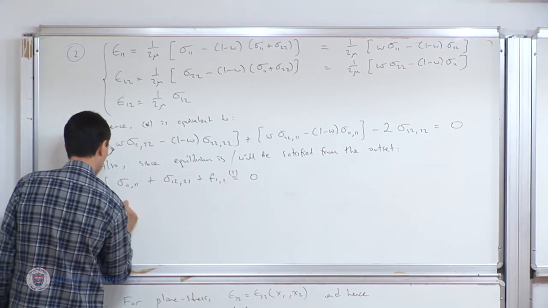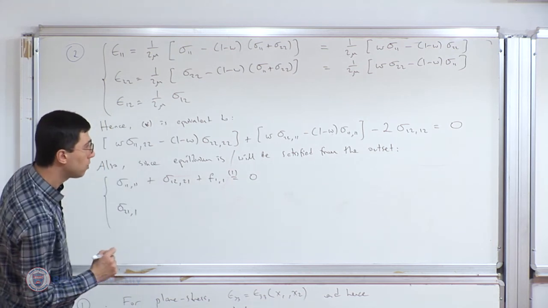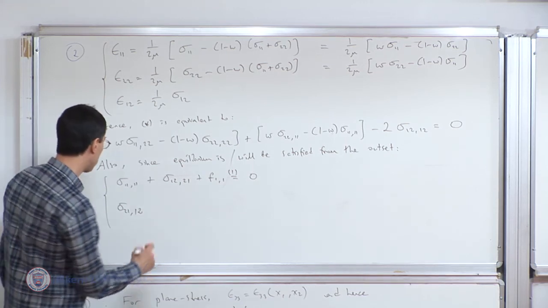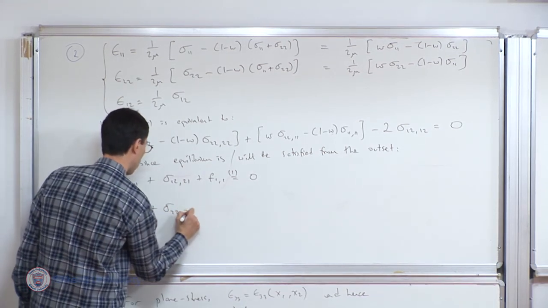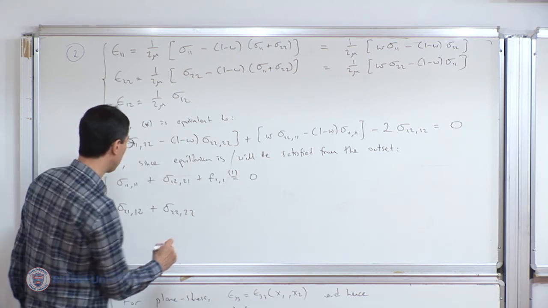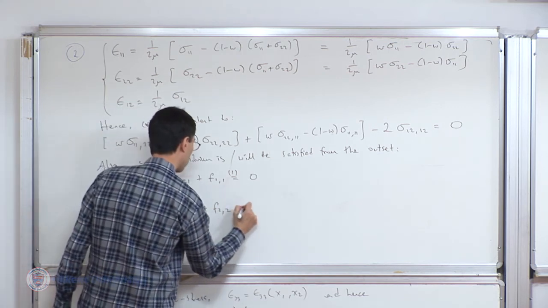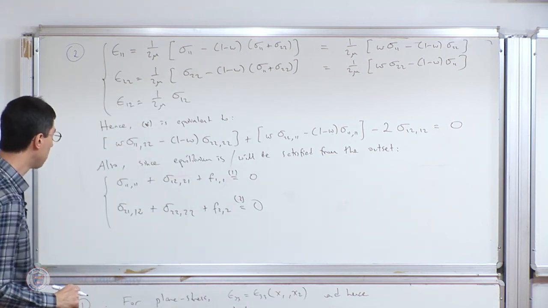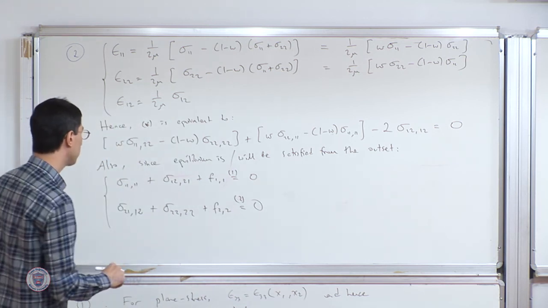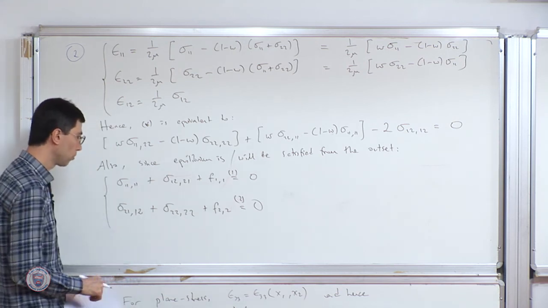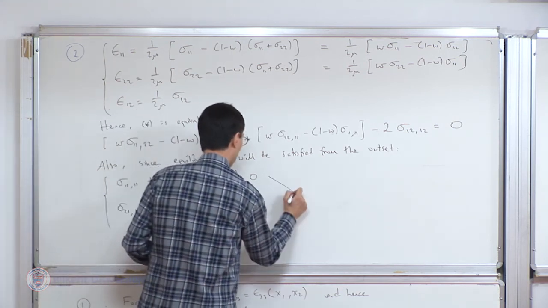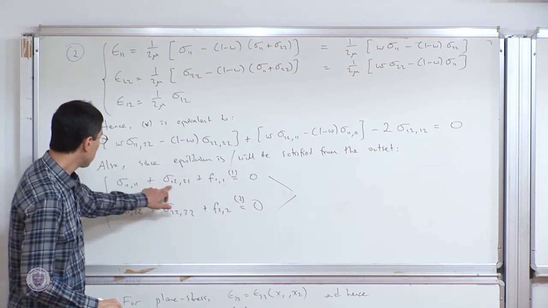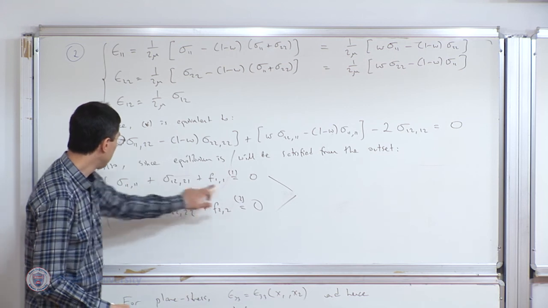And from the second one, sigma 2, 1, comma 1 is what I have. So if I go ahead and take a derivative with respect to 2, I have the term that I desire. So then sigma 2, 2, comma 2, 2 plus f2, comma 2. And from the second part of equilibrium, I have that equals 0 as well. So this is equal to minus that plus that.